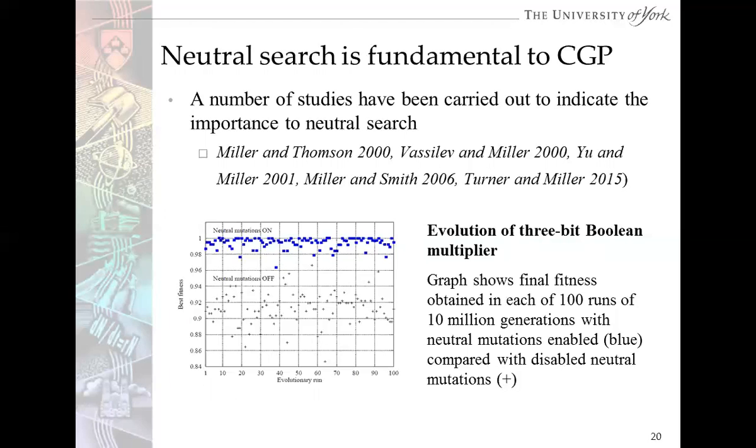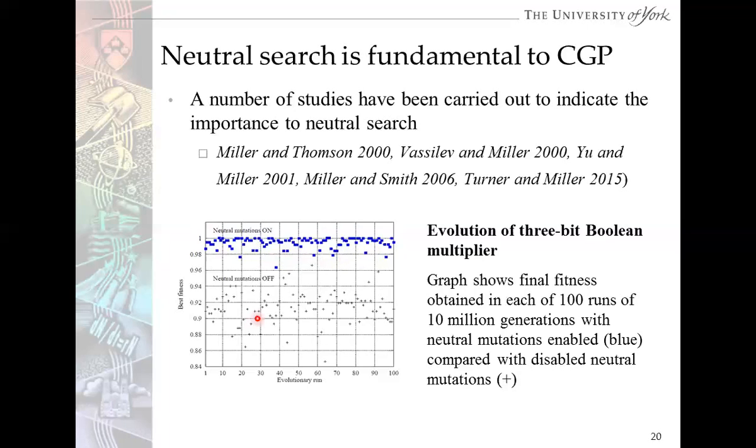It compares the final fitness obtained in 100 evolutionary runs when offspring can only replace parents if they have a better fitness, compared with choosing offspring over the parent if they have the same fitness, which is standard CGP. So you can see that the blue results are standard CGP, and most of them either solve this problem perfectly or come very close to solving it.